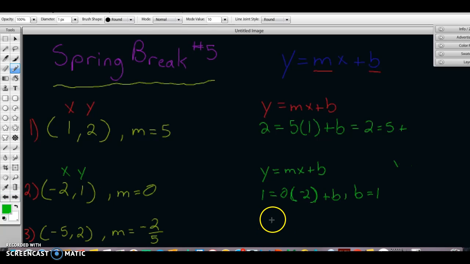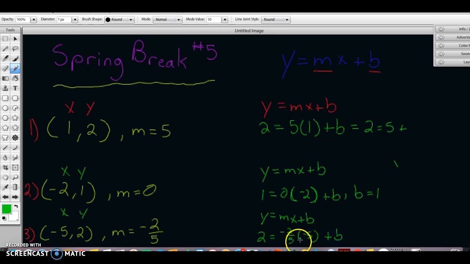Okay. So we're going to start off with, again, y equals mx plus b. So y is 2. m is -2 over 5 times -5, because x is -5, plus b.